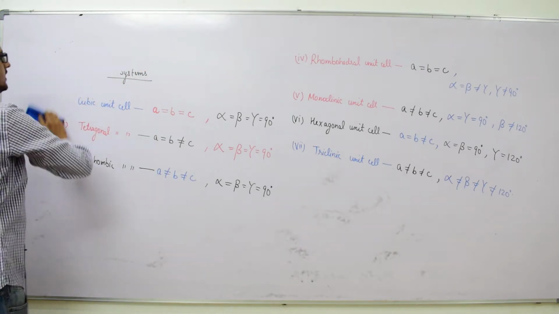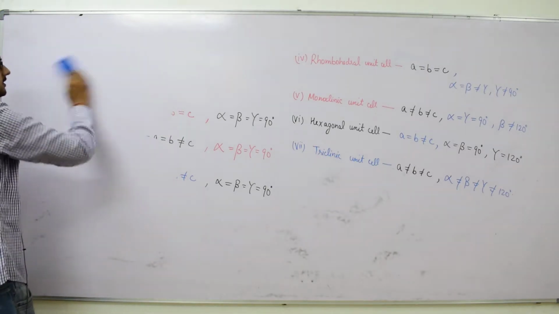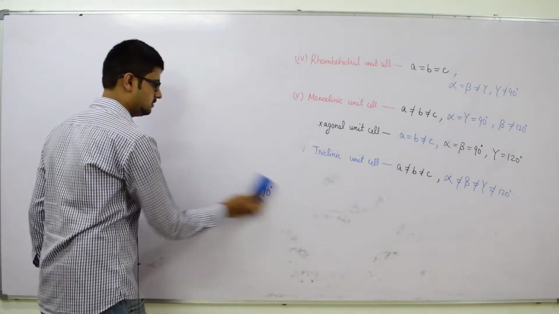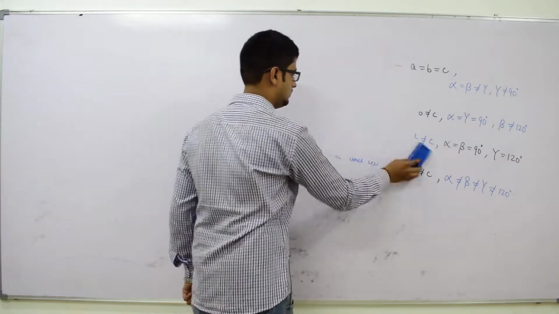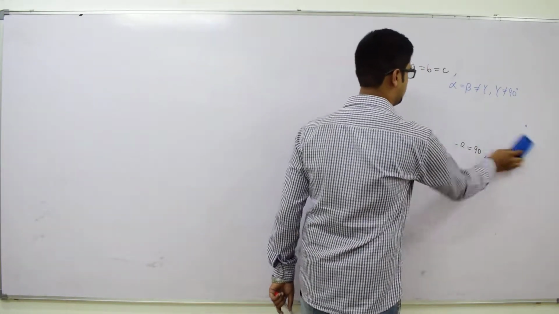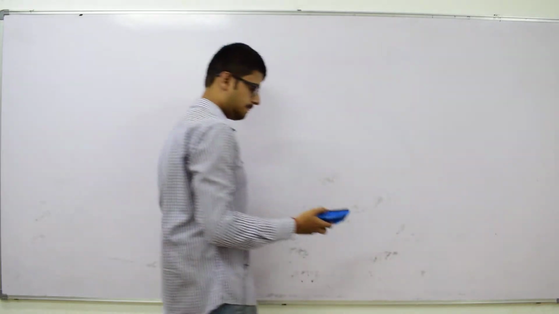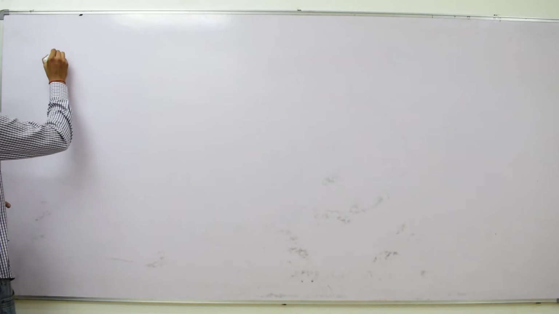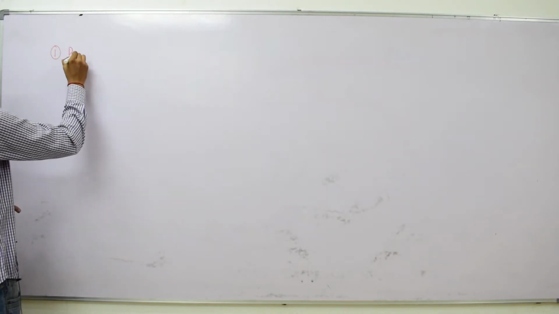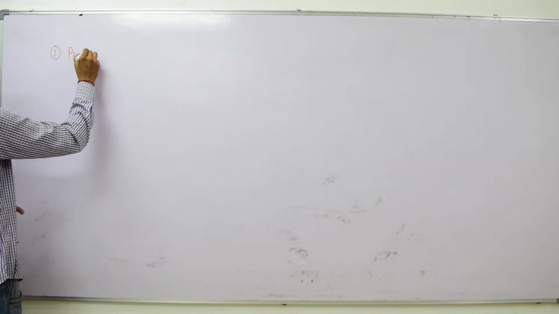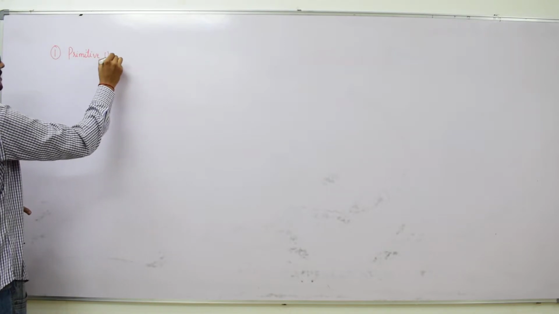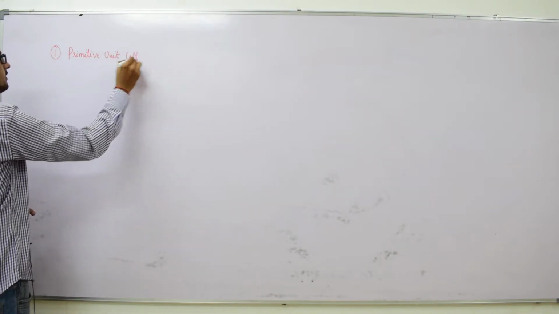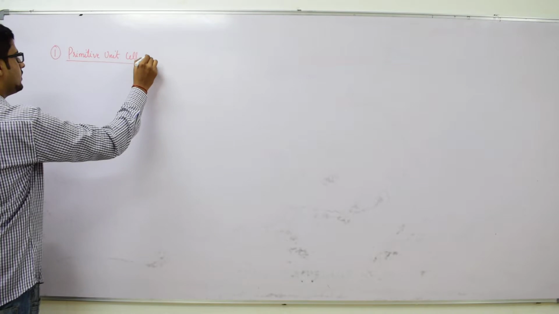Now, let us see the second characteristic feature. The first one, that is primitive unit cell. We have seen the 7 types of primitive unit cell. Let us see what the primitive unit cell means.